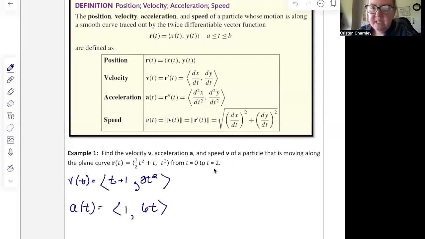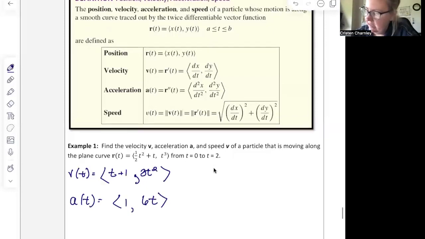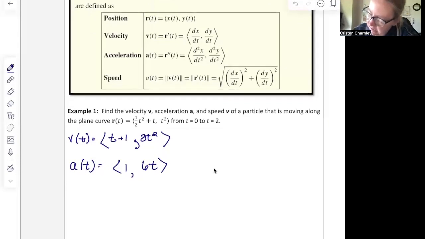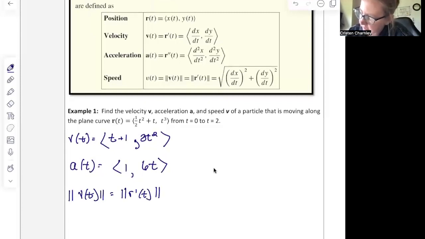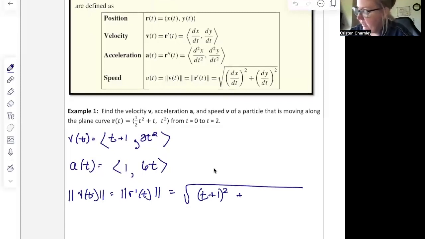And then what we need to do is find the speed. So the speed, this is an absolute value per se, but it's notation that indicates speed around that velocity. So it's the first derivative inside of this speed formula. So the first derivative squared, we had t plus 1 for the x component, and for the y component, we had 3t squared.